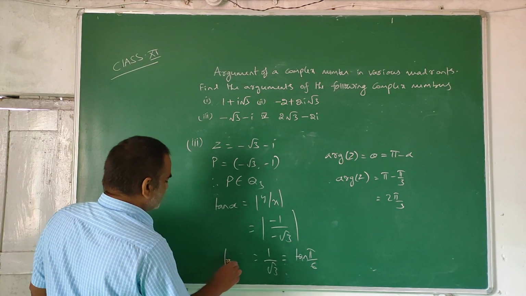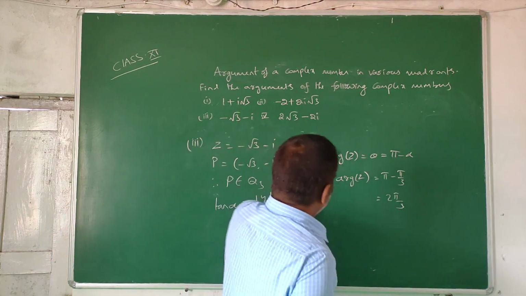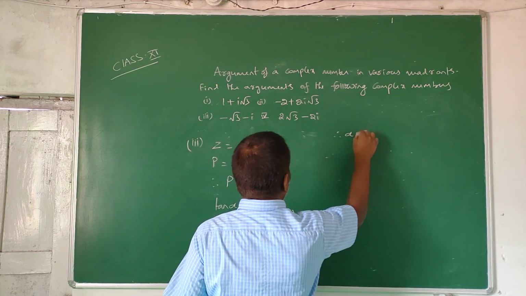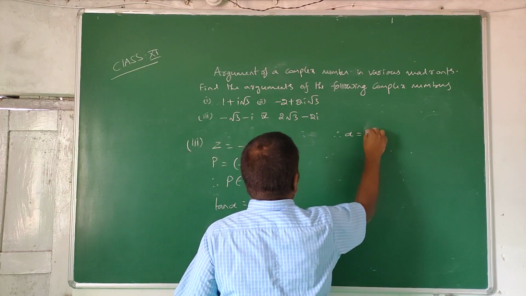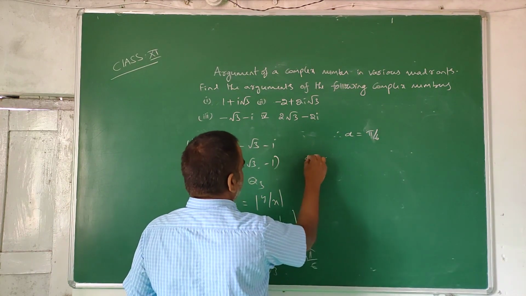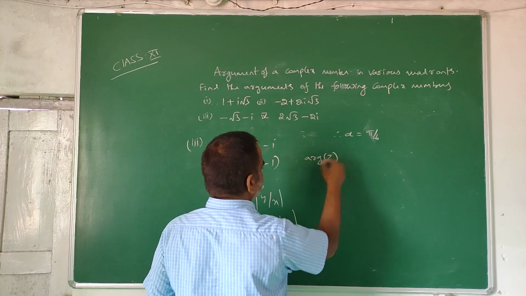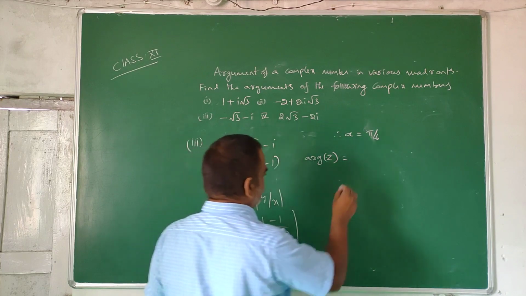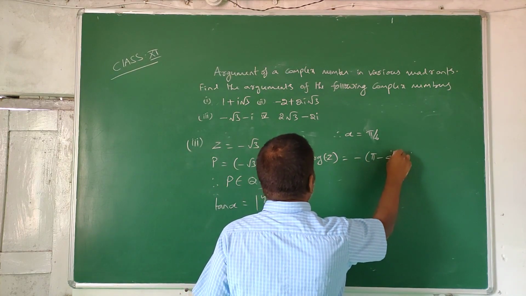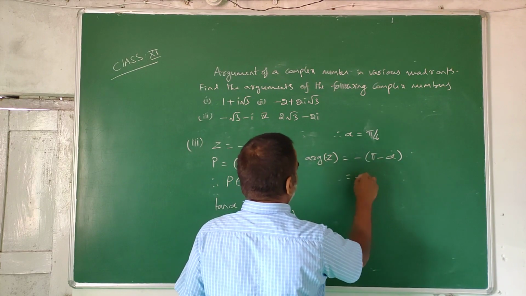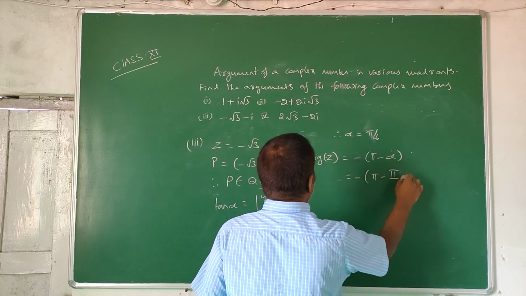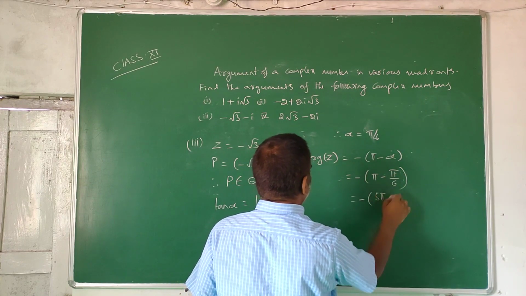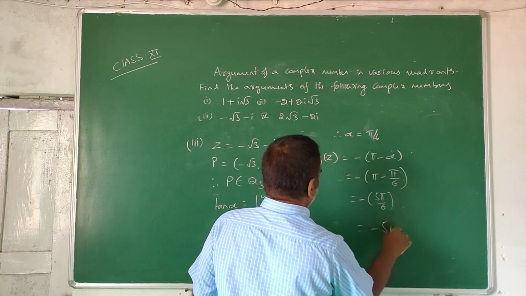So tan alpha is equal to tan pi by 6, therefore alpha is pi by 6. If you go for principal argument, as I discussed, when the point is in Q3, argument of Z is minus of pi minus alpha. This is equal to minus of pi minus pi by 6, minus of 6 pi minus pi over 6, which is equal to minus 5 pi by 6.